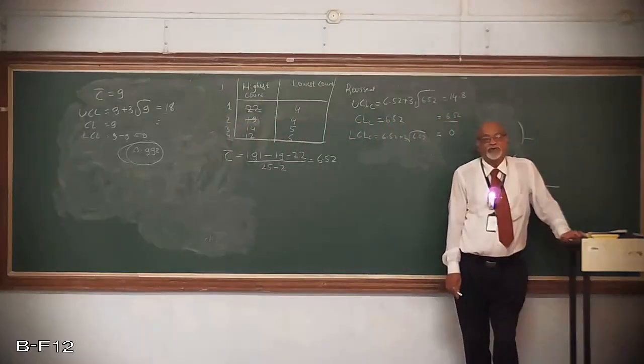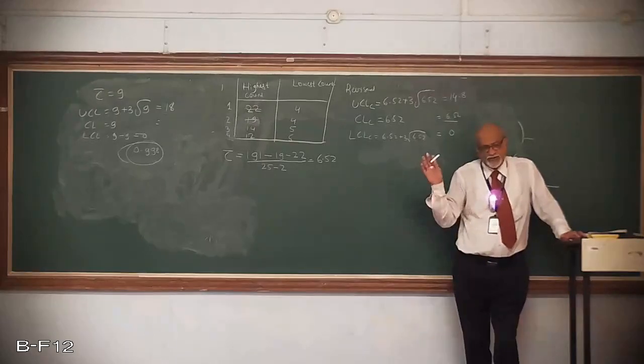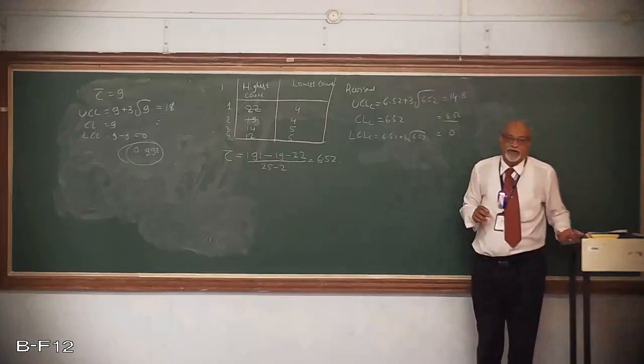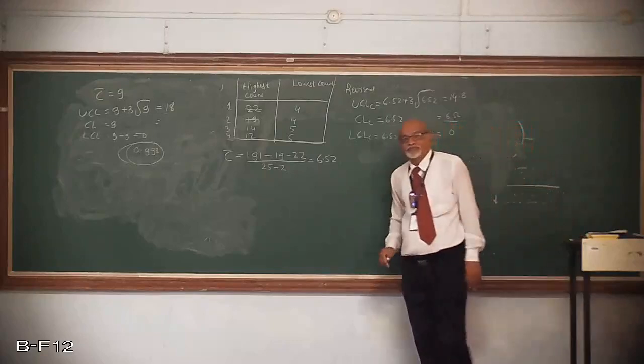Another way I will tell you, for this one also, it is almost the same. The answer is very simple. We need not calculate all these things. When you are calculating the control limits by using 3 sigma limits, the probability of committing type 1 error, if it follows normal distribution, is how much? 1 minus 0.9973, 0.27%. Always.